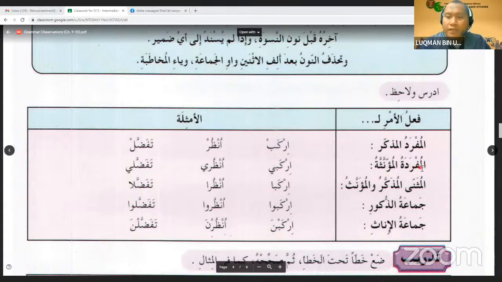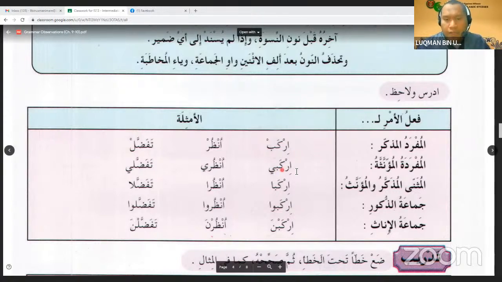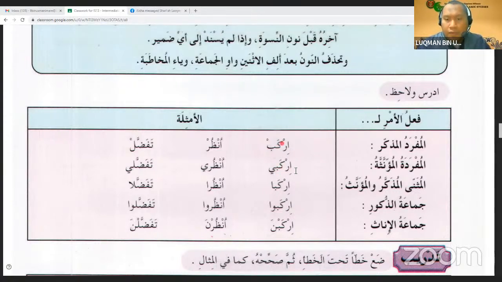Then if it is singular feminine, al-mufrada al-muannatha. Kasi ang karamihan kasi rito, pag fi'l amr, pag imperative tense, actually lahat yan second person, no? Kasi inutusan mo, ang kausap mo ay yung kausap mo. So here, this is the second person.